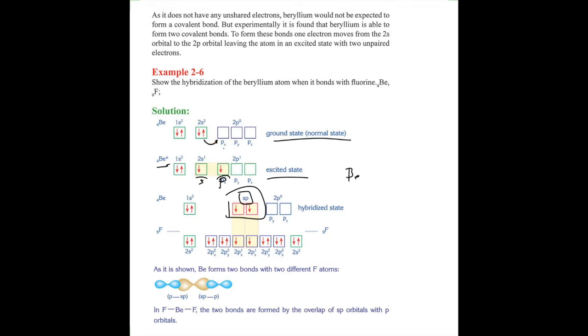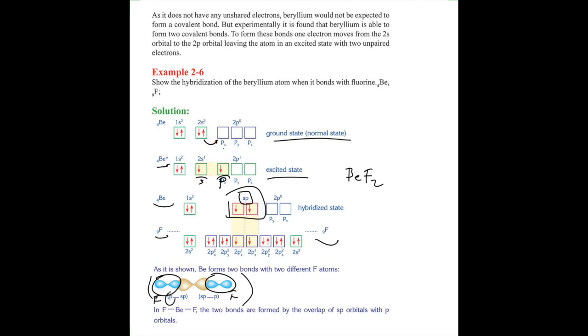Beryllium can make a compound with fluorine like that, BeF2, and we can see it here. One beryllium can react with two fluorine atoms. If we look at the figure here, we can see blue orbitals are fluorine orbitals.